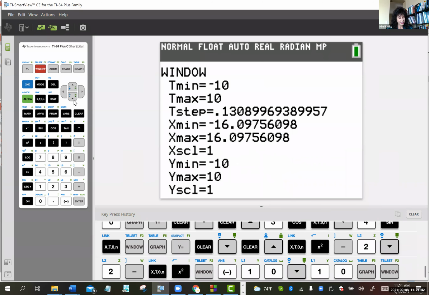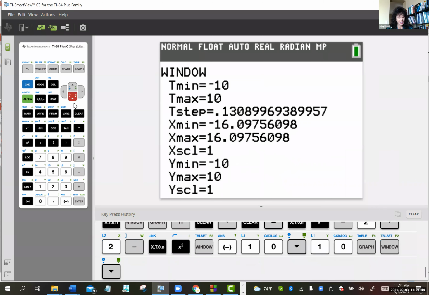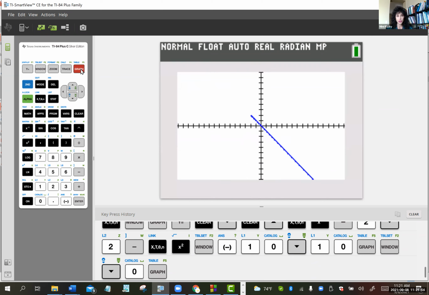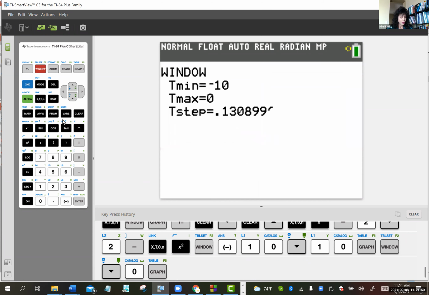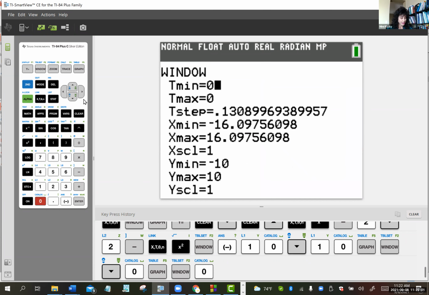So watch this. If I have T minimum stay at negative 10 seconds, but I change my T max to 0, and that's it, watch the orientation when I hit graph. It goes coming from below upwards. But then if I go back to the window and change my T minimum to 0 and my T max to positive 10, watch what happens.